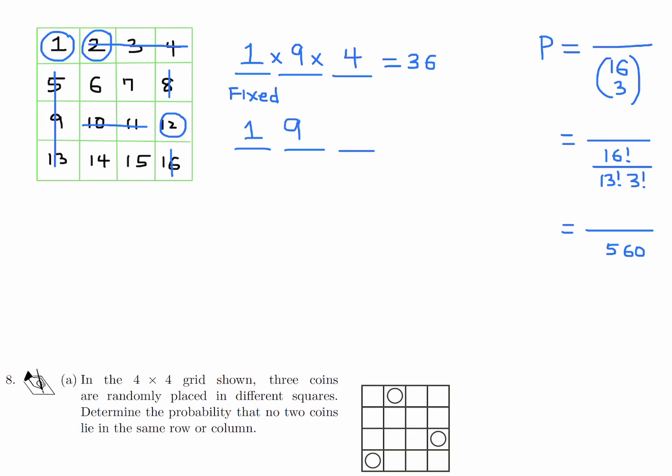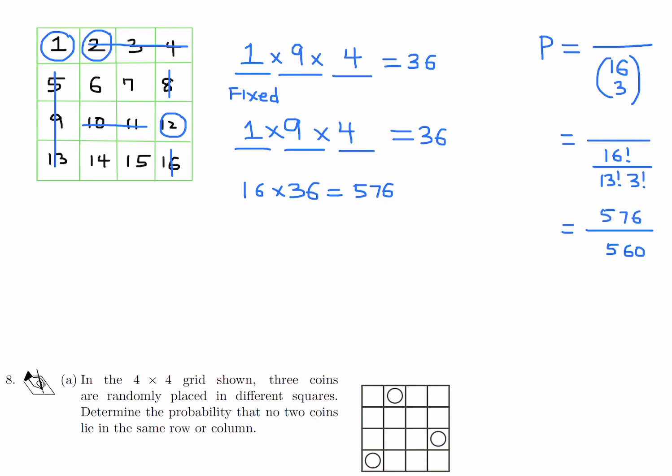And then for the third coin, I can choose 4. And you can do this, in your spare time, fiddle around with this, and you'll get 36. So in a very similar way, for each of these 16, you'll get 36. So 16 times 36, which is 576. So the numerator becomes 576.